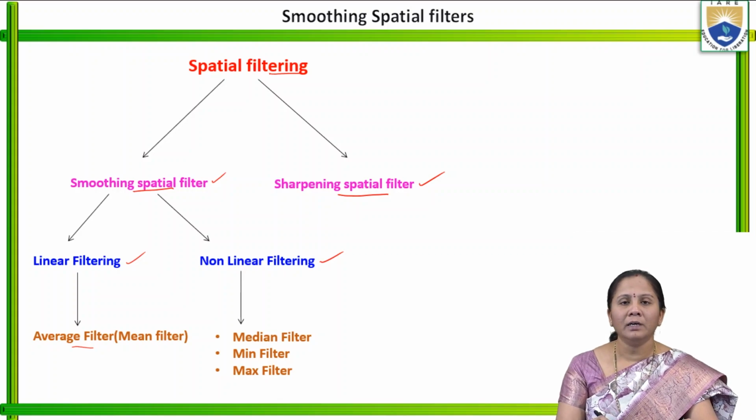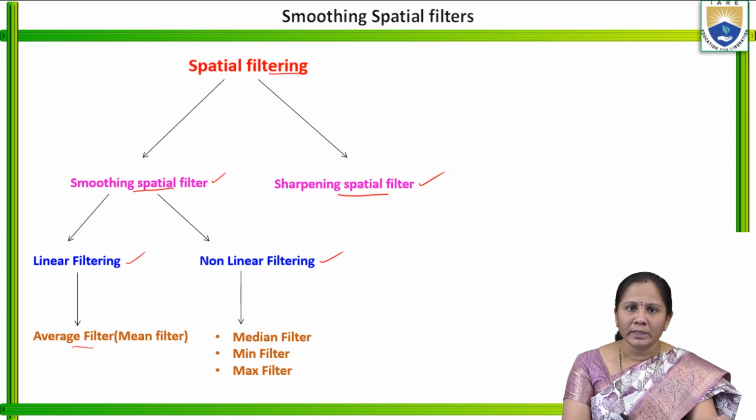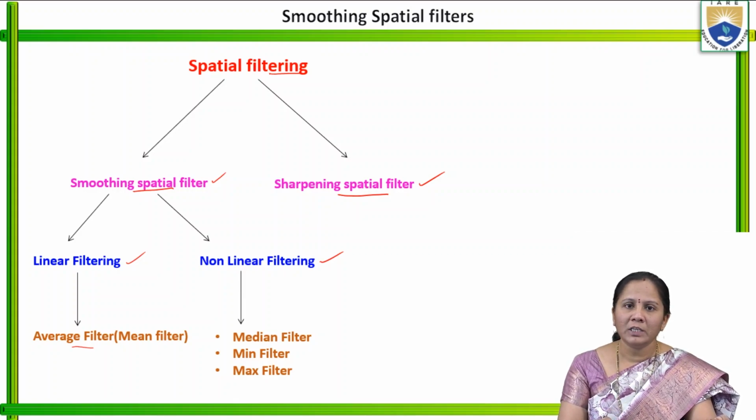That means if you are going to apply a filter on the image, we consider the neighborhood pixels of that image and calculate the average value of those pixels. That's why it is called the average filter or mean filter. Whereas in non-linear filtering, we have different types of filters like the median filter, minimum filter and maximum filter.